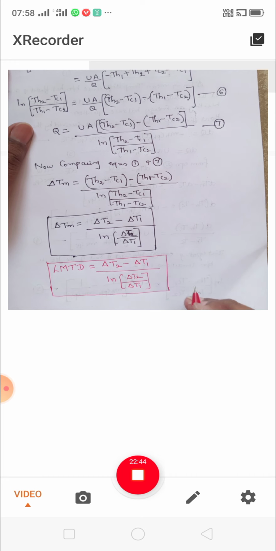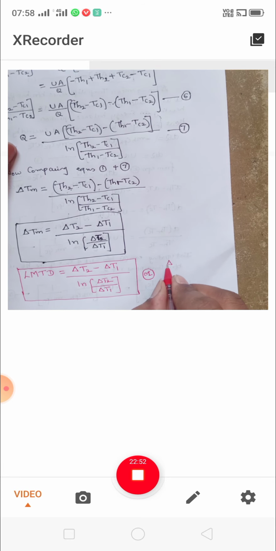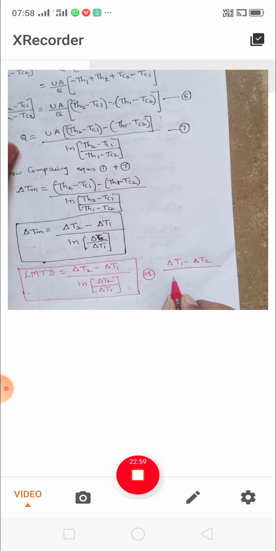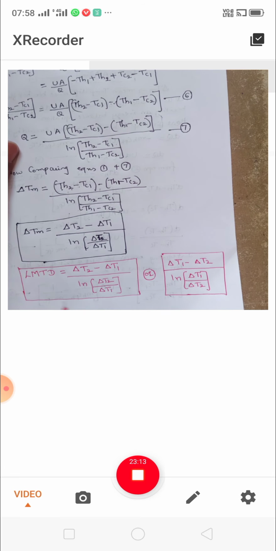The same equation can also be written as delta T1 minus delta T2 divided by log of delta T1 divided by delta T2. So this is the final expression for the LMTD for a counterflow heat exchanger.